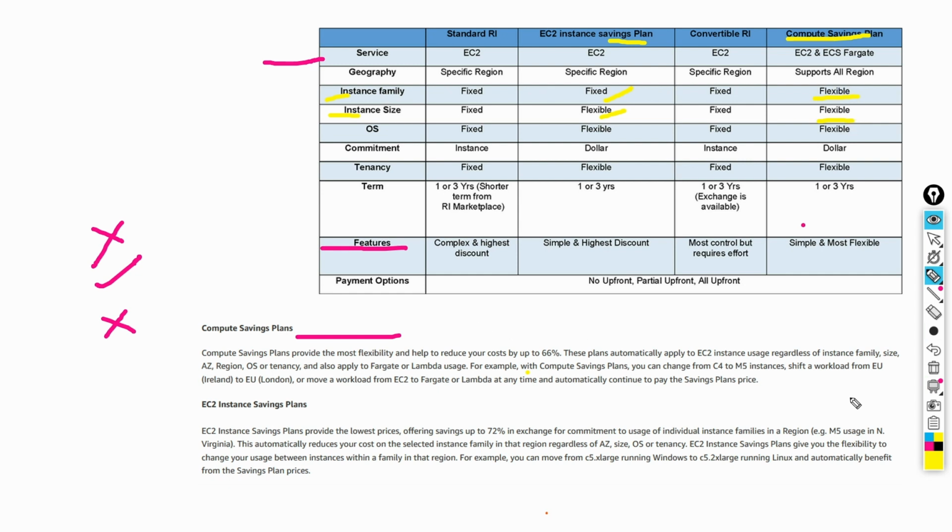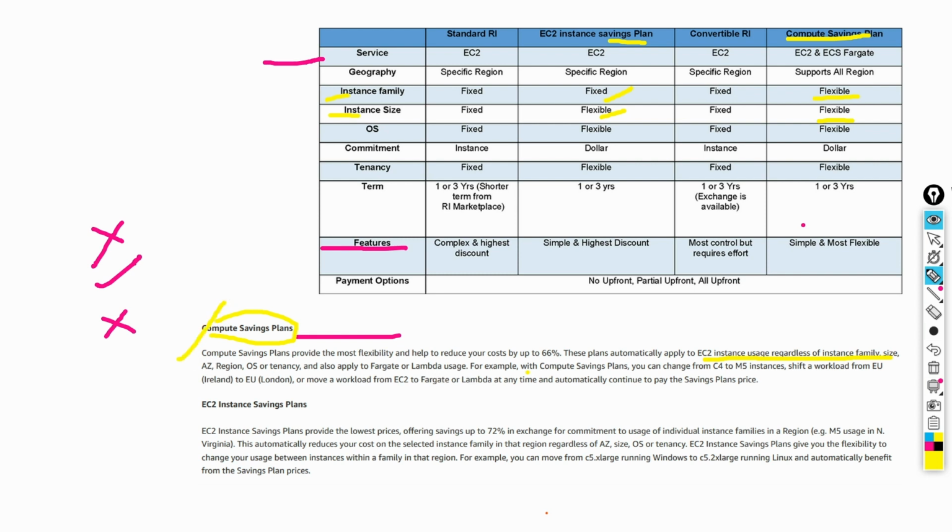And if you see here also, compute savings plan, you can see this line: EC2 instance usage regardless of instance family, size, availability zone, region, operating system or tenancy, also applies to Fargate or Lambda usage. So this is the correct answer.